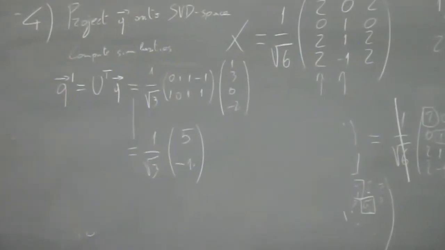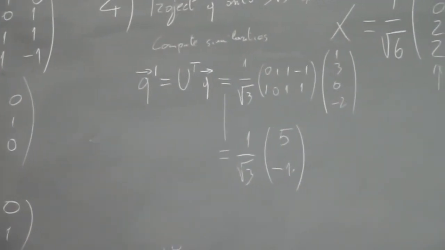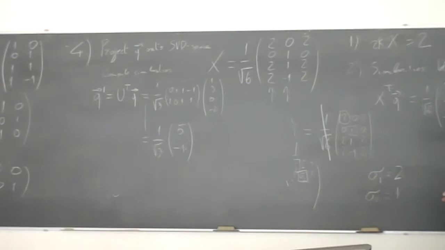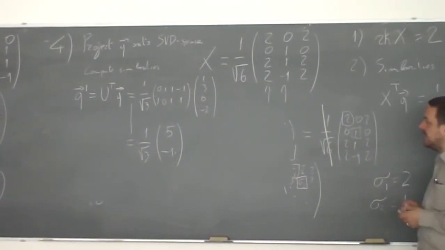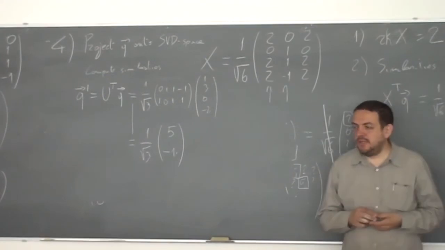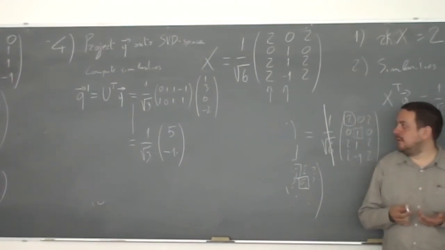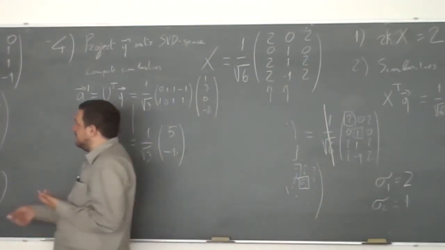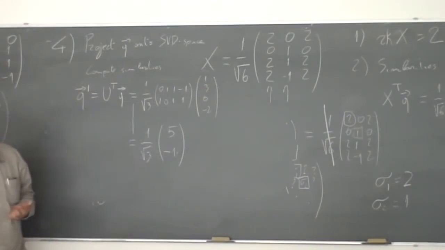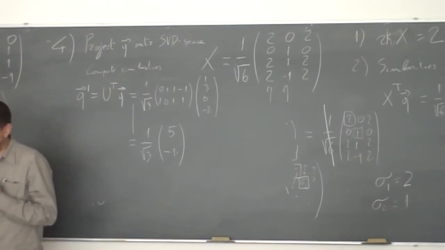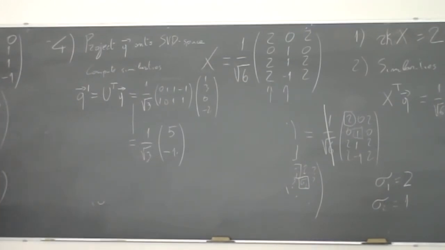Okay, our work. Let's say the query has been simplified. Initially, it was a 4-dimensional document in the original TF-IDF space, but our matrix had rank 2.